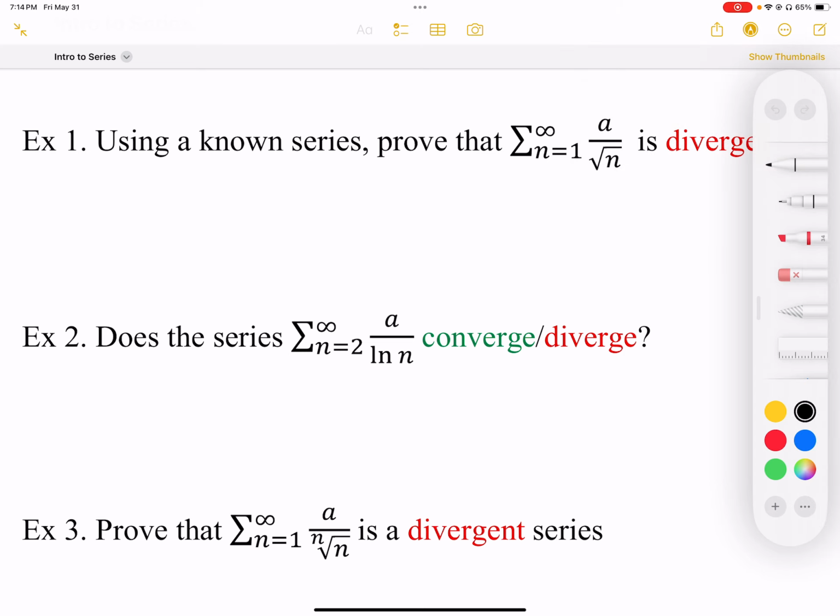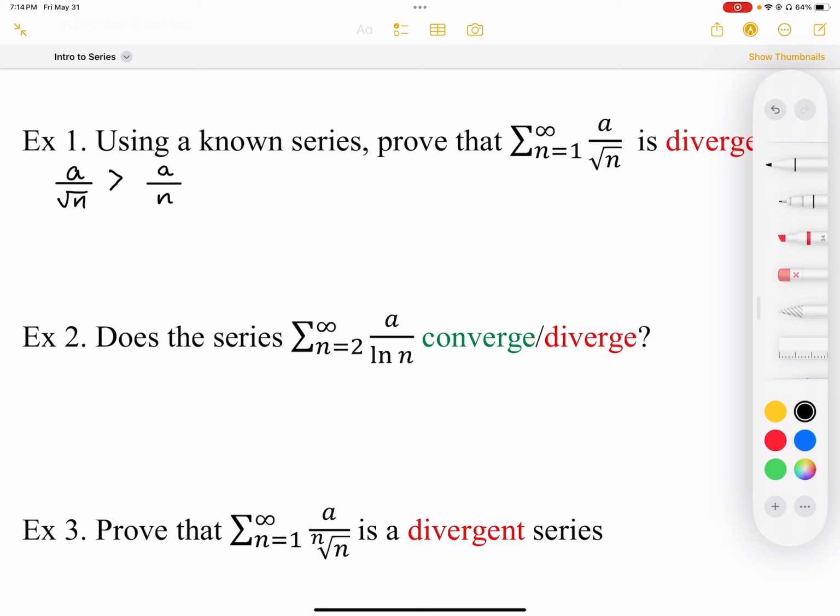So if we take a look at 1 over root n, we can compare that to our harmonic series, 1 over n. And we know that the denominator is weaker. That means that this term is going to be greater for all n values.